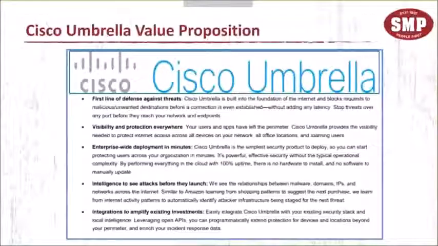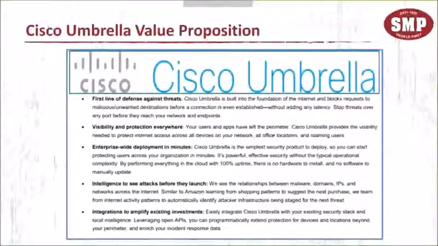But once again, we're talking about a first line of defense against threats, so that at the DNS layer, if we are clicking on a malicious URL, we will thwart the attack at the DNS layer. So that's where the first line of defense against threats is coming from. Also, the visibility and protection everywhere that I already covered. This isn't protection only within the corporate walls, but the roaming capabilities are very powerful.